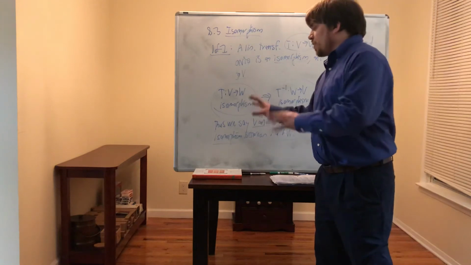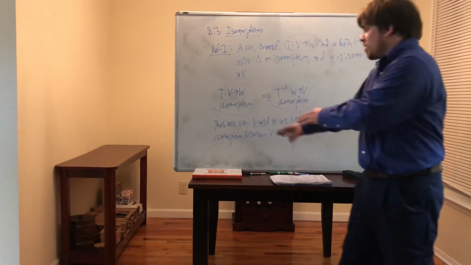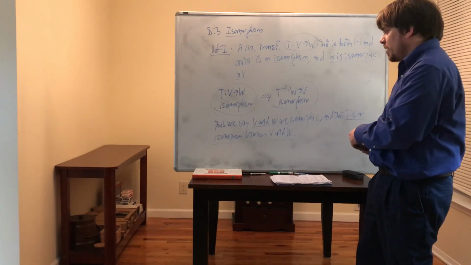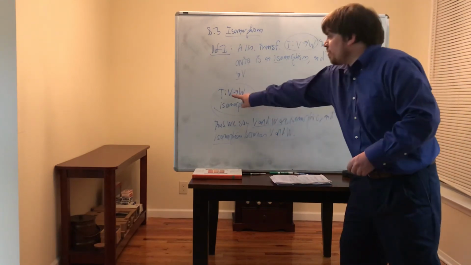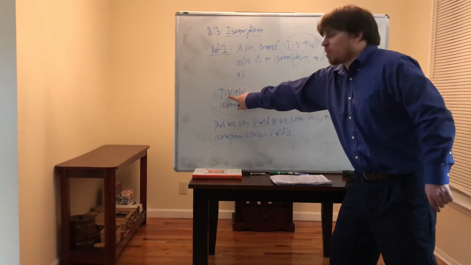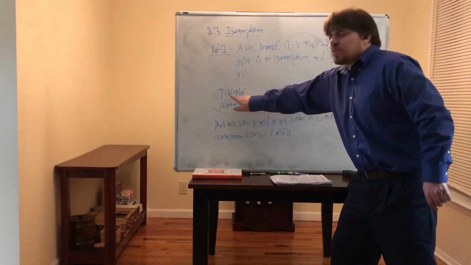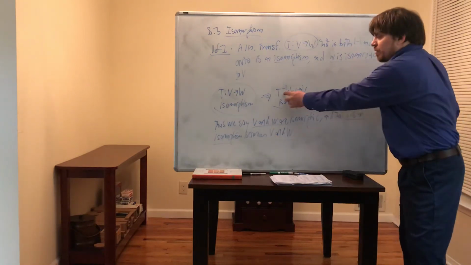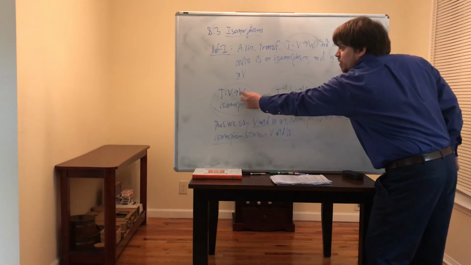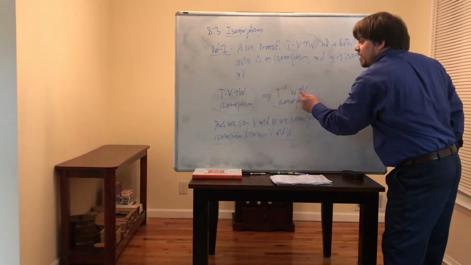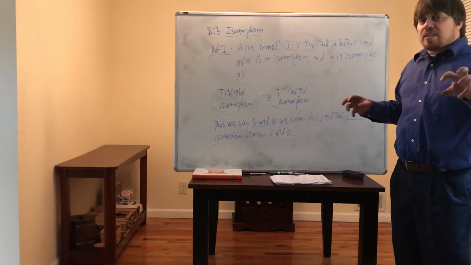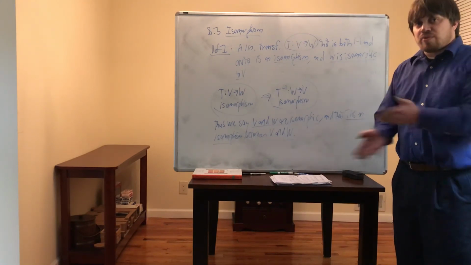But here I'm saying T from V to W is an isomorphism implies T inverse from W to V is an isomorphism. So when T from V to W is an isomorphism, by this definition, we say that W is isomorphic to V. But then T inverse tells us that V is isomorphic to W. And that means if either space is isomorphic to the other, we could just reverse the order.